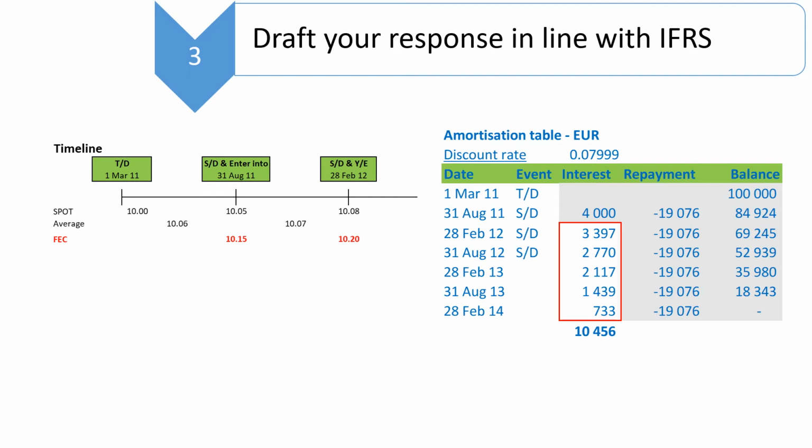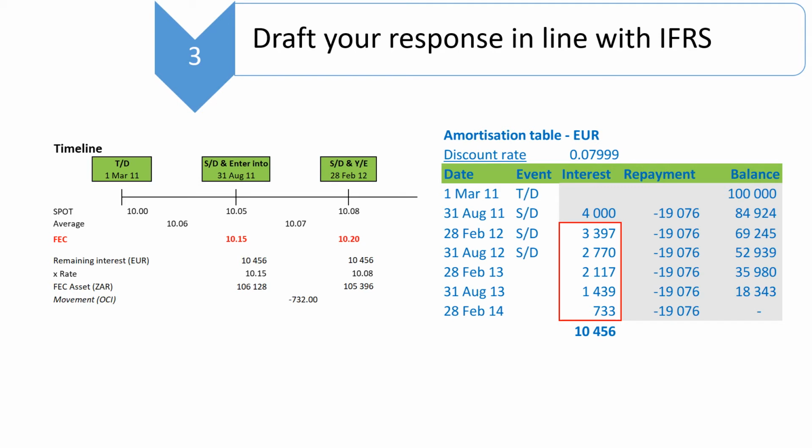This will then need to be translated into ZAR. And in order to do this, you will multiply it by the relevant exchange rates, being your FEC rate as of 31 August 2011 and your spot rate at 28 February 2012. You will then arrive at a FEC asset balance of 106,000 and 105,000 at the two different dates.